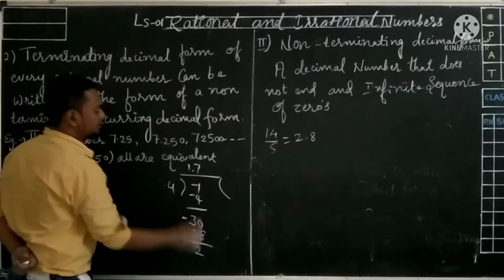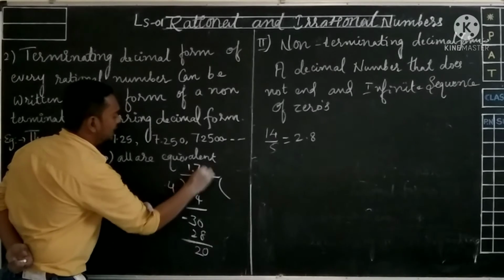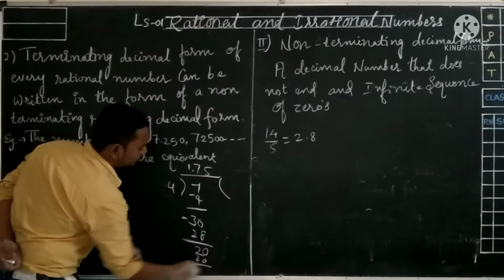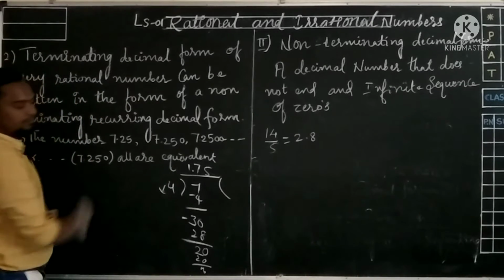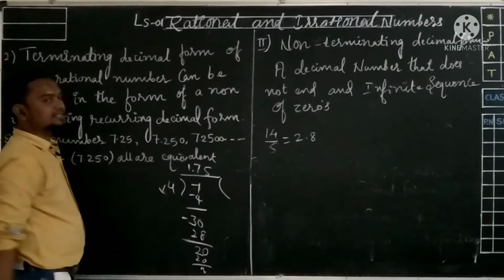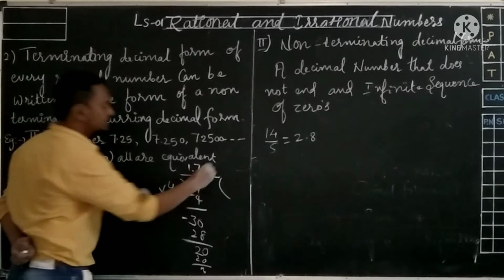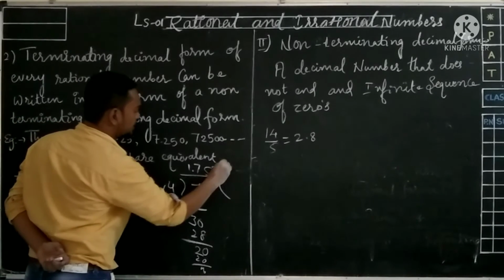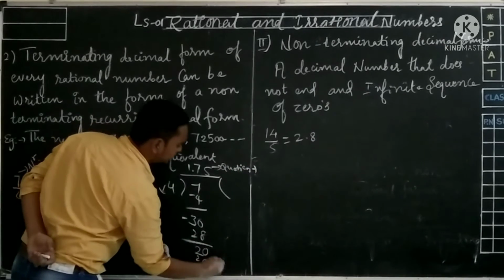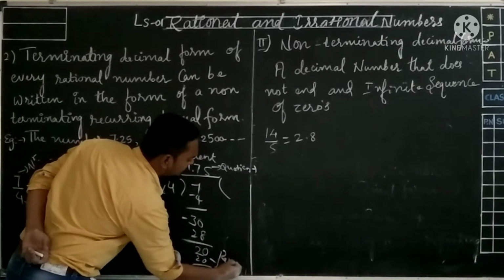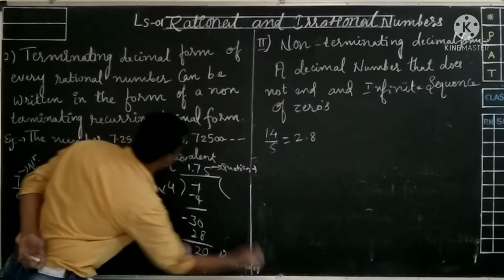Again we take a 0, 4 fives are 20. This is the division, this is the dividend, this is the quotient and this is the remainder.